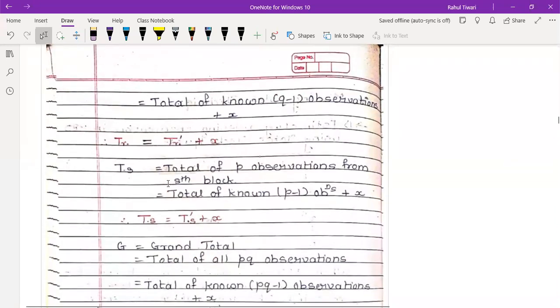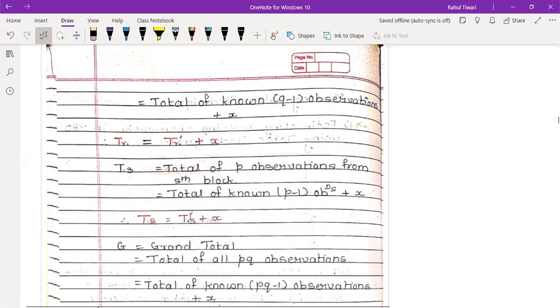Similarly, one can take the total of the observations from the Sth block, which will be the total of P minus 1 observations plus X, and we can call this T dash dot S. You can see the difference here.